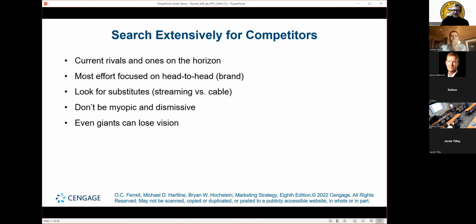The next is you must be an extensive searcher for competitors. You must look out and consider all of the competitors that are out there. You cannot simply focus on the brand competitors, but you need also to look at the product, the generic, and the total budget competitors. You cannot be myopic or dismissive.